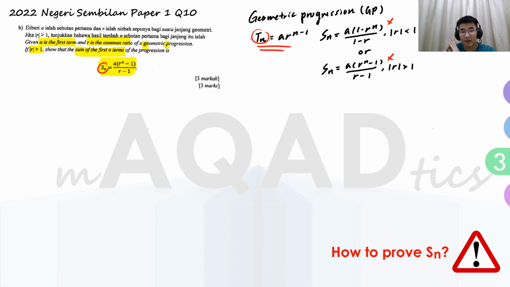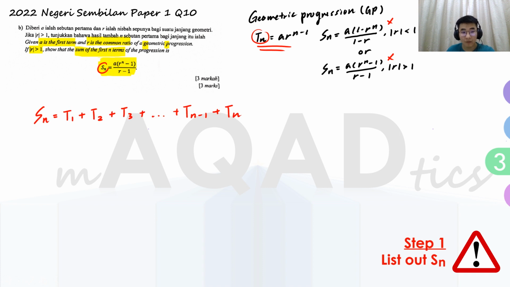Since Sn is the sum of the first n terms, we can list out all the things inside. For example, like this. Here we list out from the first term to the last term, which is the nth term. For all the terms, I will need to transform them to become this expression, ar^(n-1).